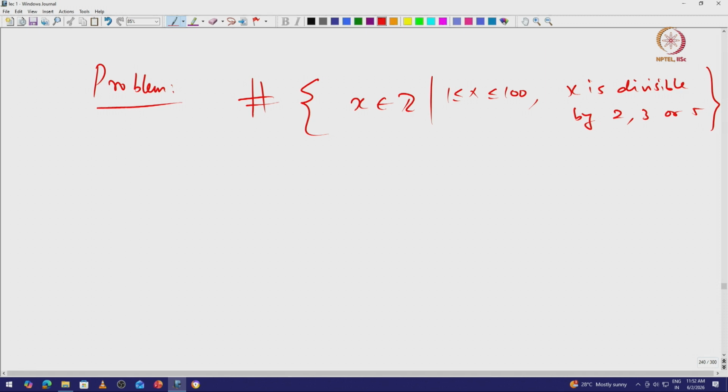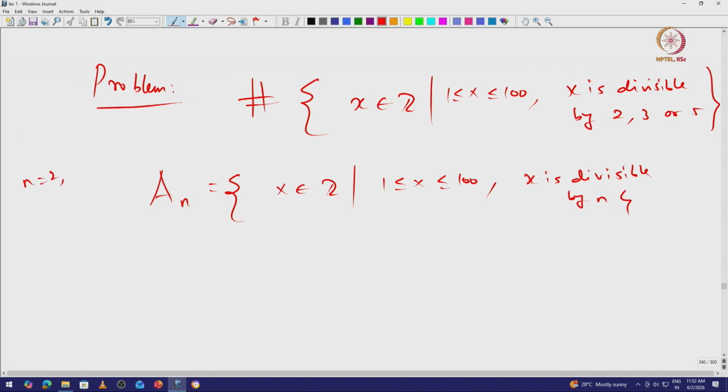If we denote A_n as those x such that 1 ≤ x ≤ 100, where x is divisible by n, and let us say n is 2, 3 and 5, then this set, let us call it capital X, is just the union of A2, A3 and A5.